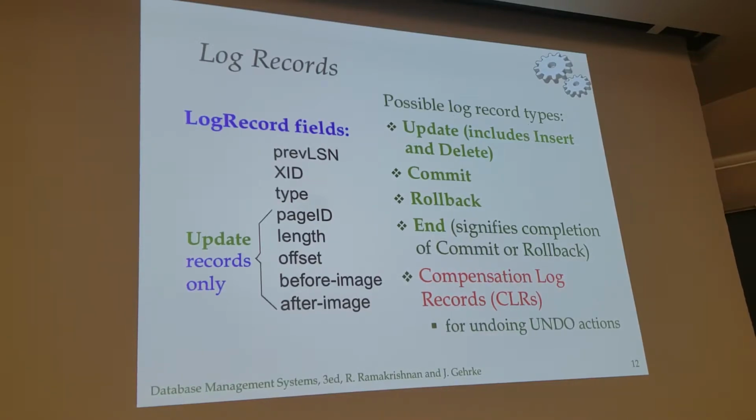When things move, it gets a little more complicated, but we're not going to go into it, and it's not a hard variation. So you're basically saying, here's what changed, here's what it was before, and here's what it is after. As a reminder, when you have an update, you don't write the whole record. The record might be several thousand bytes, and all you did was update one of its fields, in which case you only have to describe that field, its old value and its new value, because the rest of it is there whether the change took place or not.